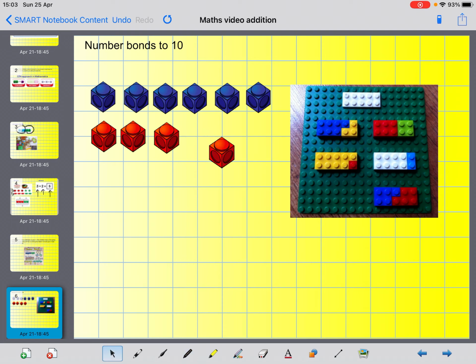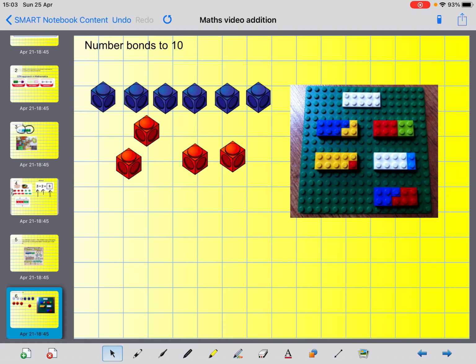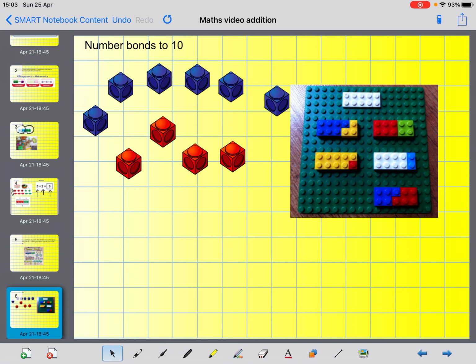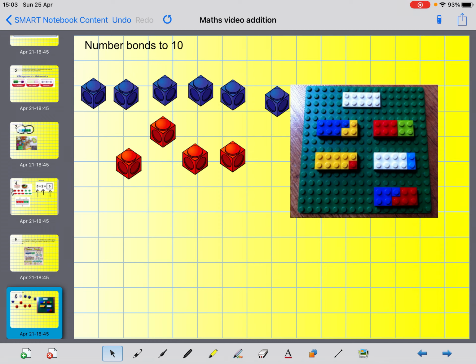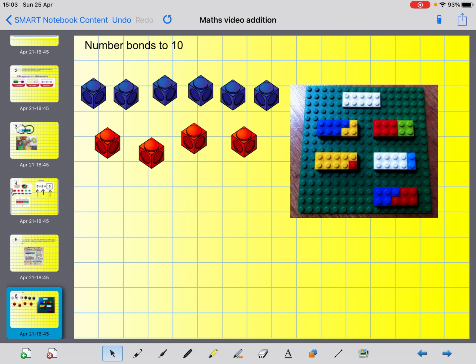We might see that there are some red cubes, there are also some blue cubes, and we might say, oh, I can see there are 6 blue cubes, and there are also 4 red cubes, so 6 and 4 makes 10 all together.